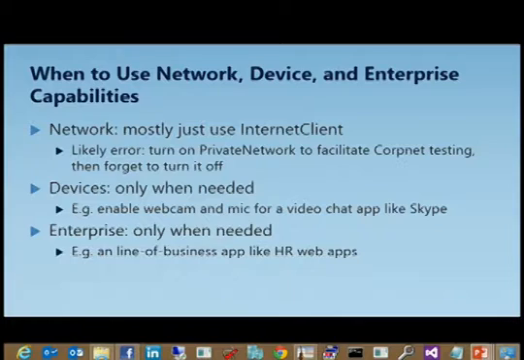And you need private network if you expect your thing to work in a LAN setting. So if you're a high-performance game and the user is supposed to use this at a LAN party, or if the app is an enterprise line of business app and you expect it to be able to access corporate resources on the LAN, then you need private network. Devices are pretty obvious. Only turn them on if you want the relevant device: microphone, webcam, etc. And the enterprise capabilities are enterprise authentication, shared user certificates, and the documents folder.